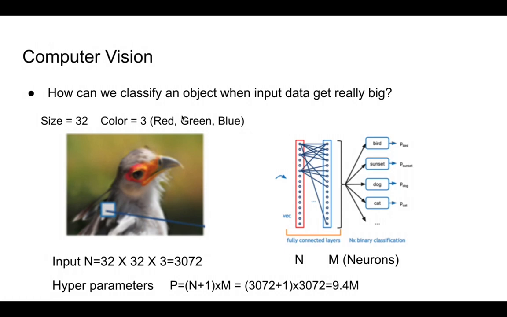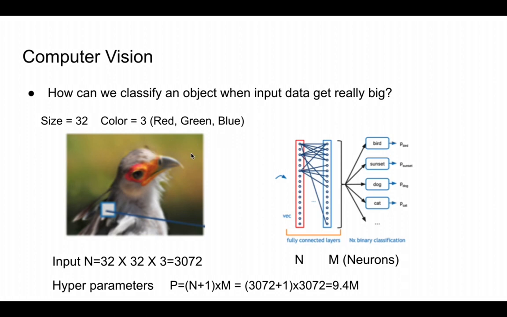For example, this is a picture of a bird. When we look at this picture in digital data format, we can describe this image based on pixelated data. If we have an image size of 32 pixels, it means the height and the width each have 32 pixels. We have three colors: red, green, blue.